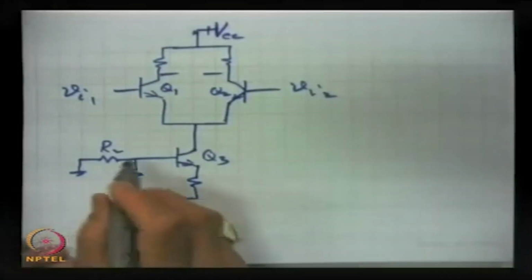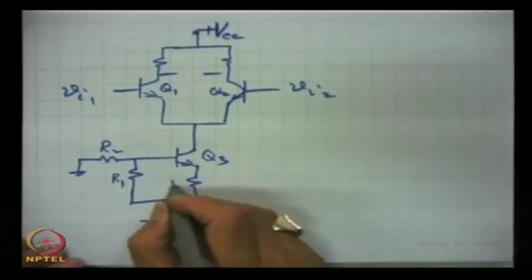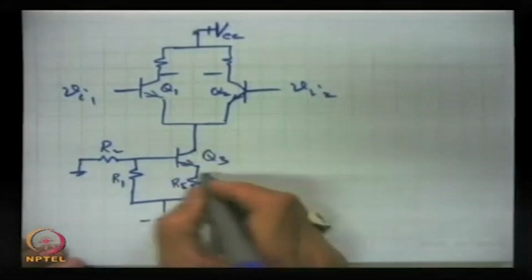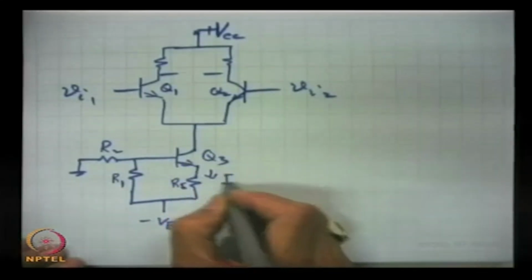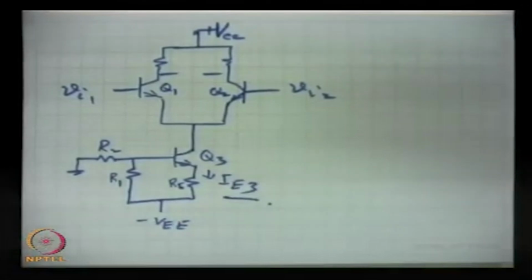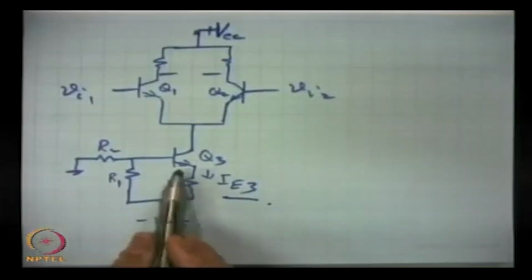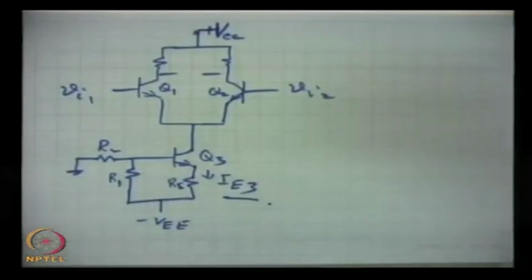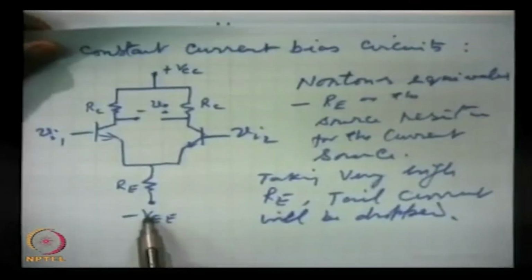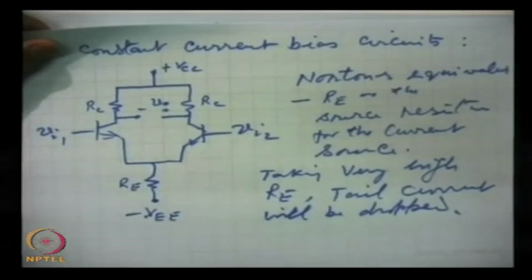In this circuit RE is taken and the current IE3 flows through it. What we have done? We have replaced the simple arrangement of that resistance RE and this battery, because this does not form a high quality constant current source.